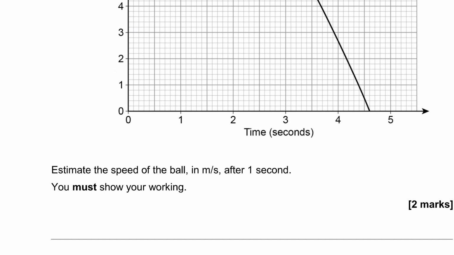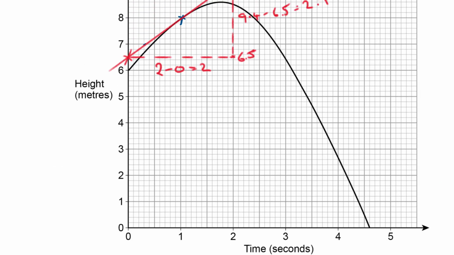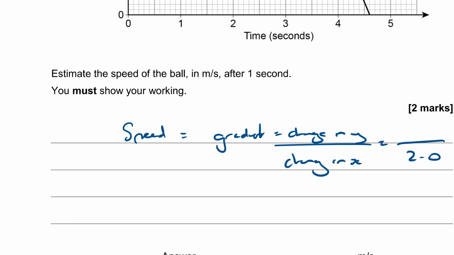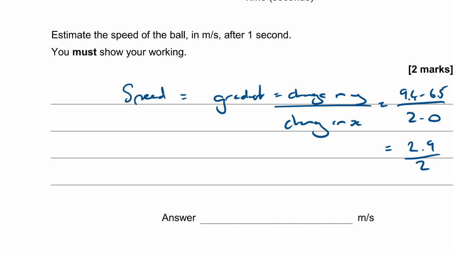Okay, so then the gradient. So the speed of my ball is going to be equal to the gradient, which is change in y divided by change in x, which was 2 subtract 0 on the bottom and 9.4 minus 6.5 on the top, which was 2.9 over 2, which gives me 1.45.